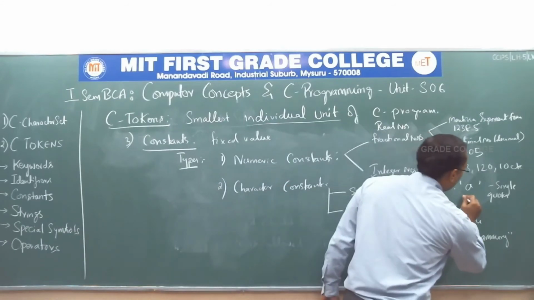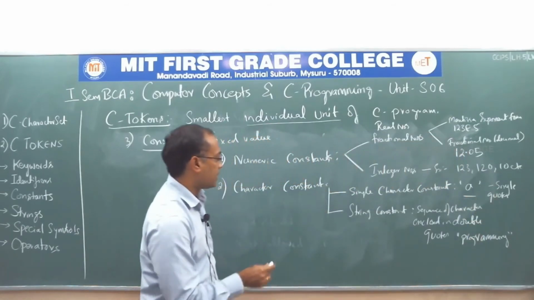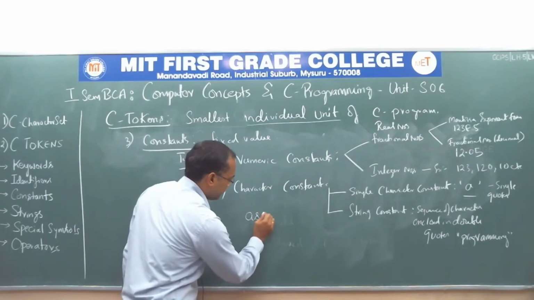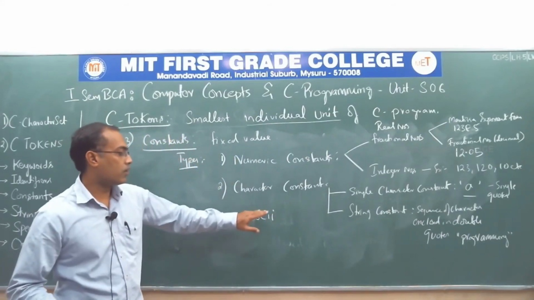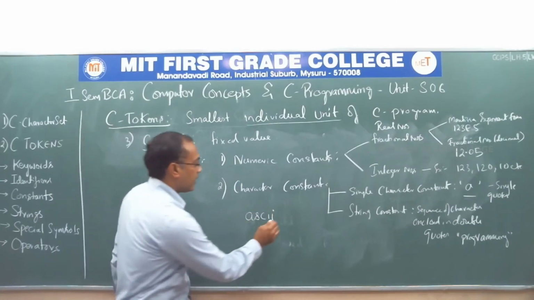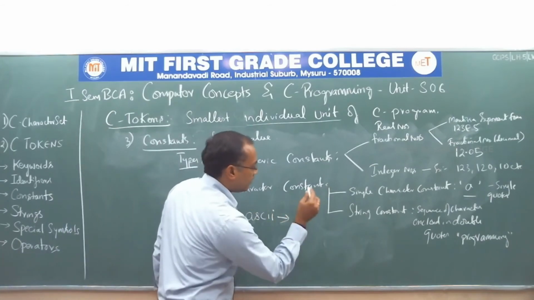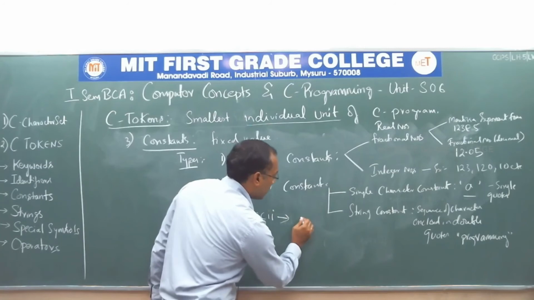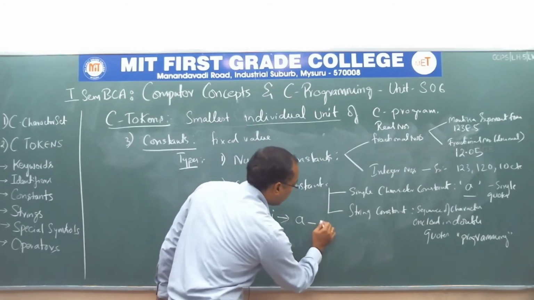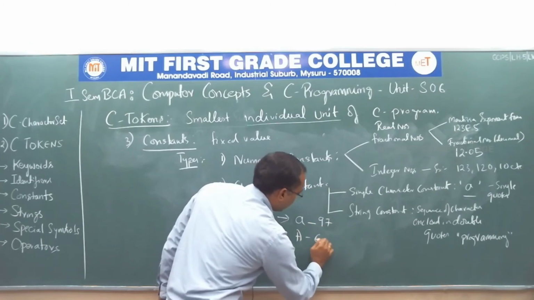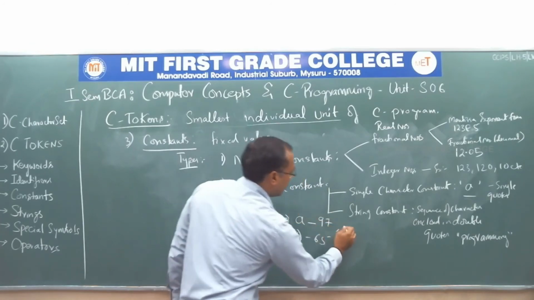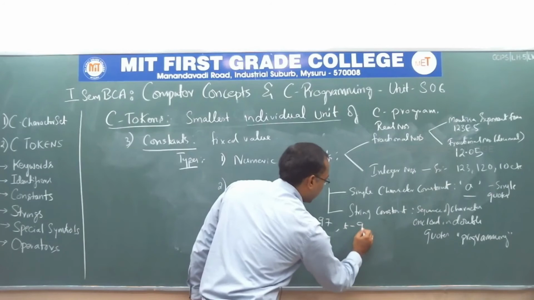A single character constant can be represented as an ASCII number, which means American Standard Code for Information Interchange has defined a code for each character. For example, small a is 97, capital A is 65, so the next character B will be 98.